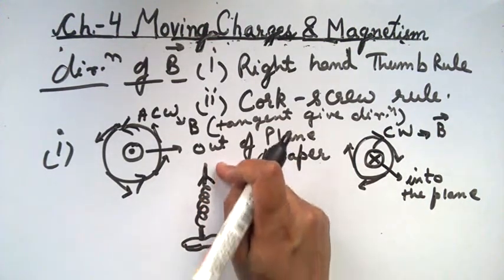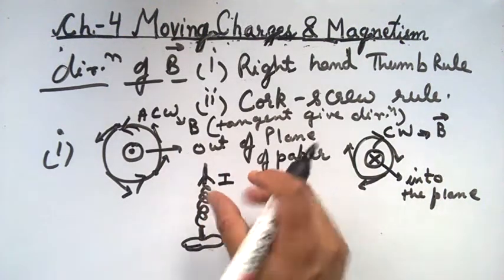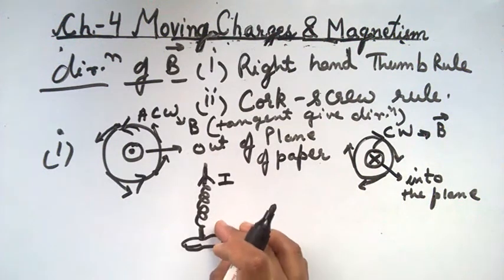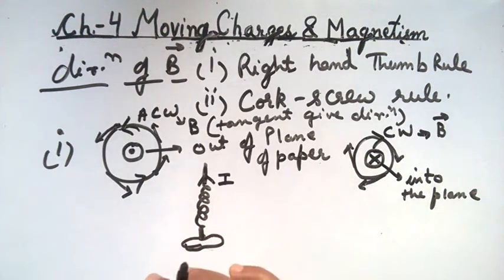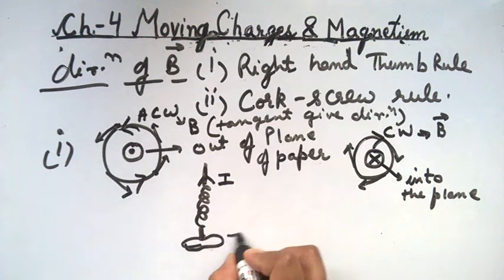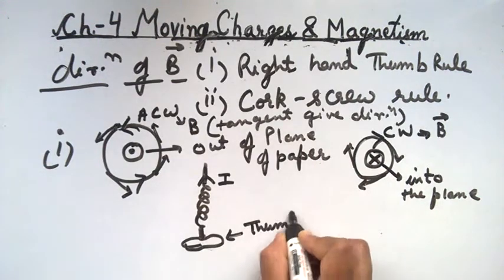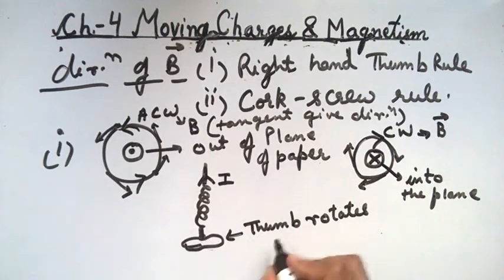The movement of a screw gives the direction of current. When the current passes in a screw, the direction in which the screw advances or moves is the direction of current. Then the direction in which the thumb rotates gives the direction of magnetic field.